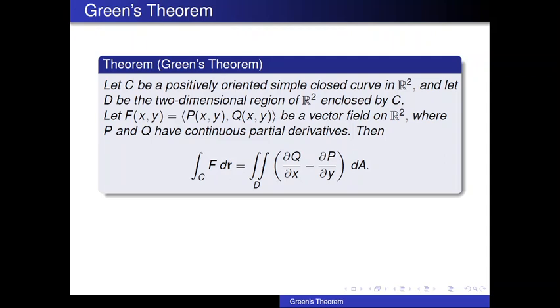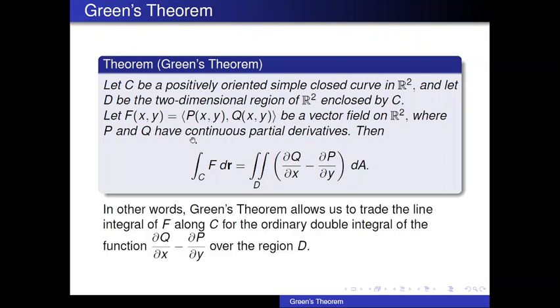In fact, you might be a whiz at double integrals, and you might prefer double integrals of ordinary functions over nice regions of the plane to these more exotic line integrals of vector fields. I don't know. But let's see. So that's just putting that in prose: Green's theorem will allow us to trade the line integral of F along C for the ordinary double integral of this scalar valued function over this region D.